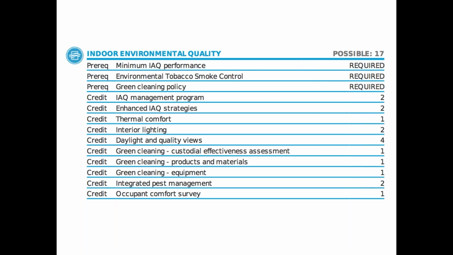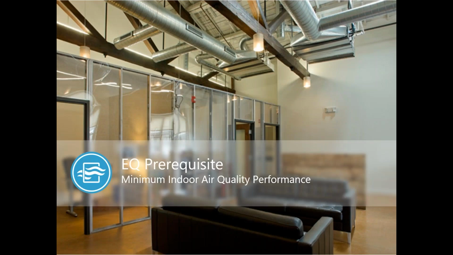So to start us off, we're going to start talking about indoor air quality. And this is our first prerequisite. The intent of this prerequisite is to help contribute to the comfort and well-being of the building occupants by establishing standards for indoor air quality.